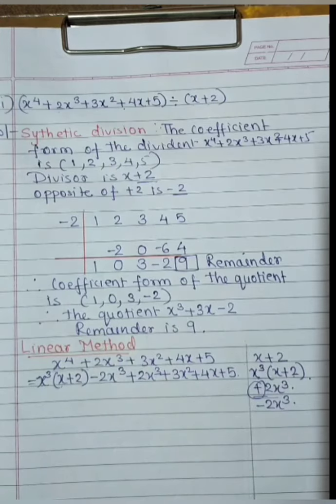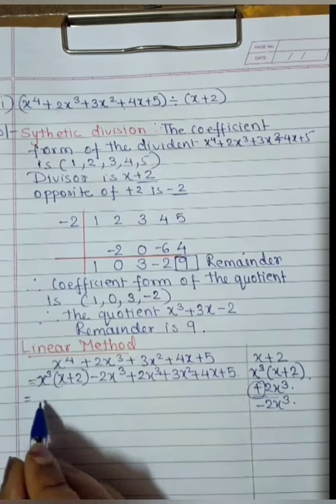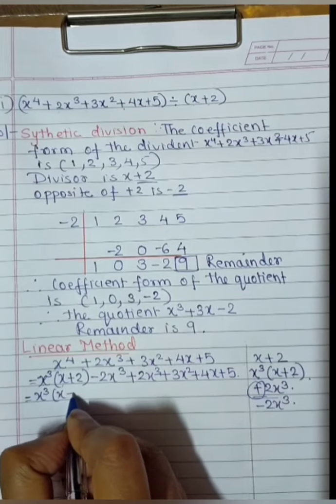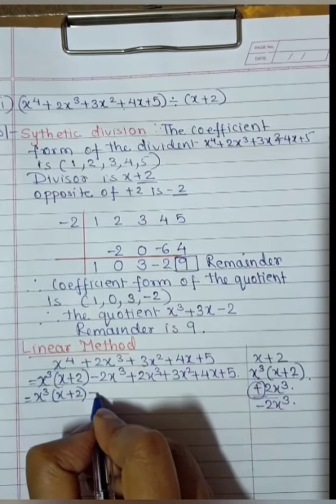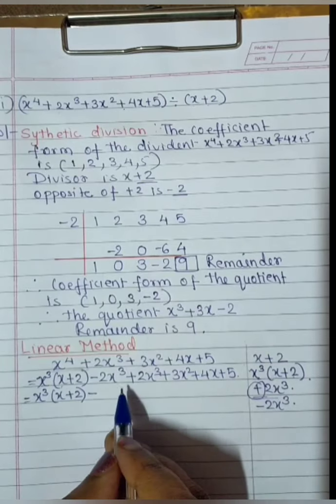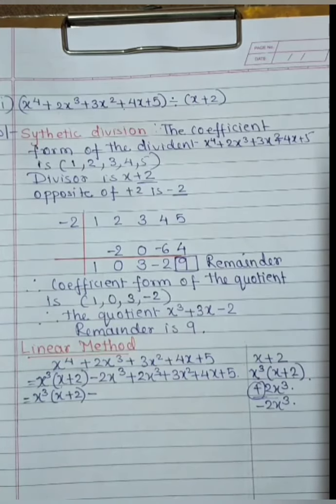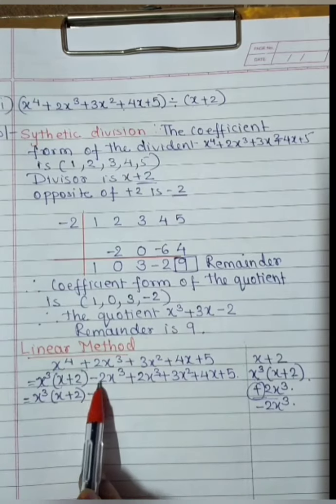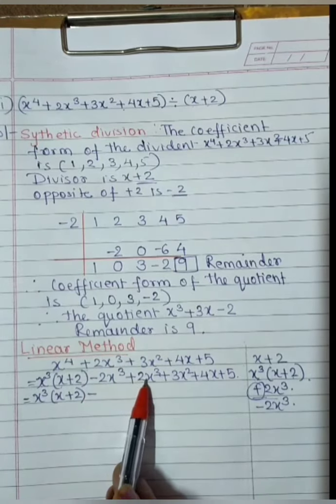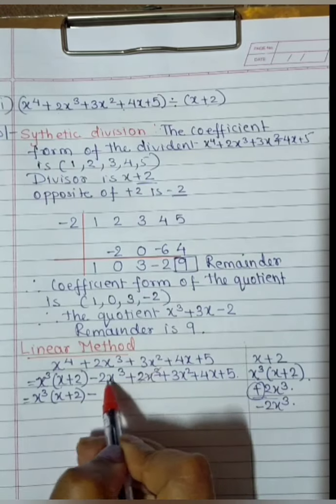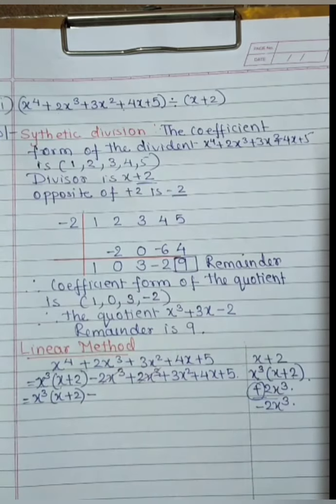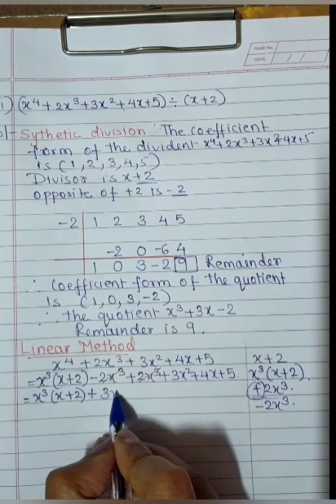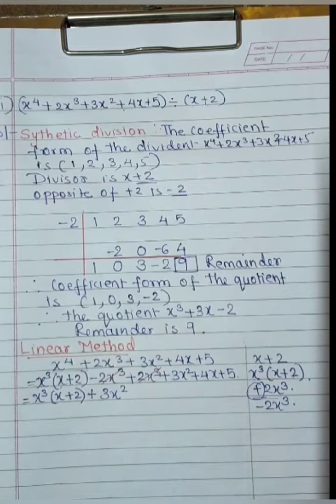Next step, this as it is, x cube in bracket x plus 2. Here you can see there is minus 2x cube and plus 2x cube, both get cancelled. After this step we will get plus 3x square.